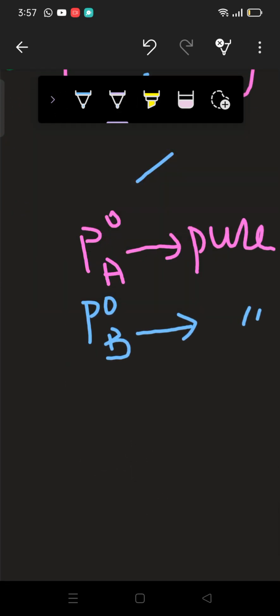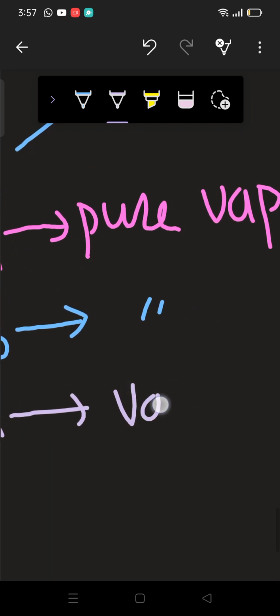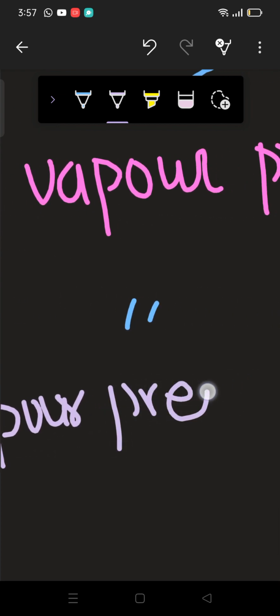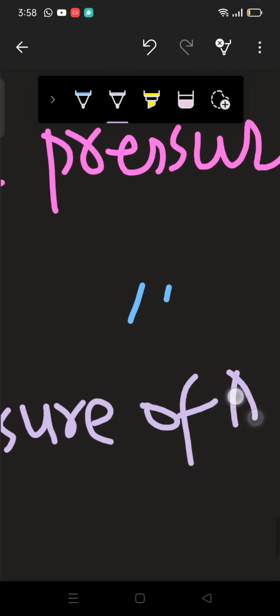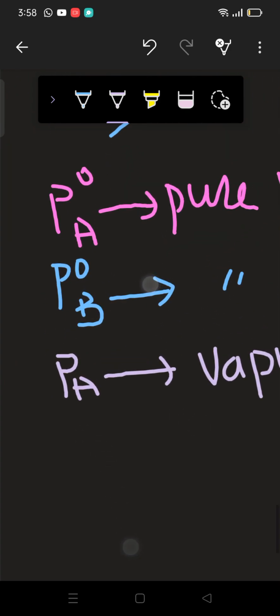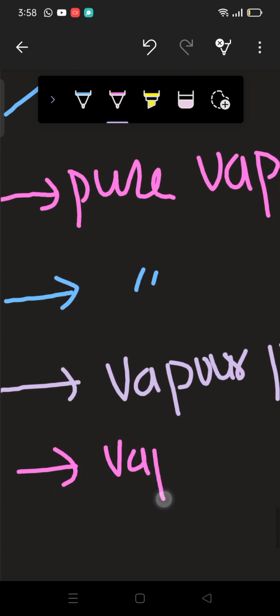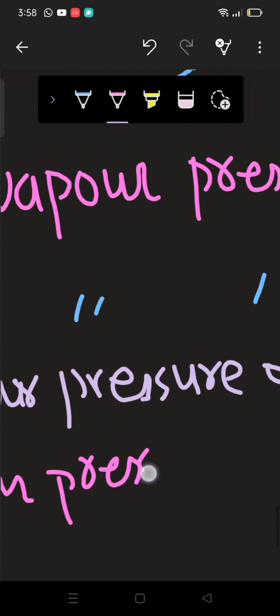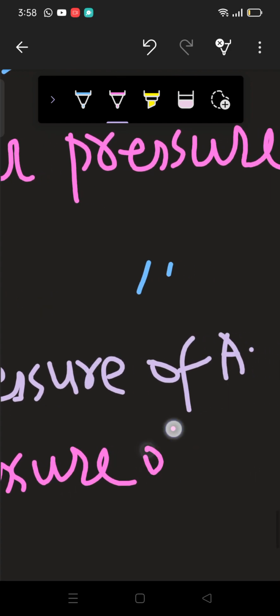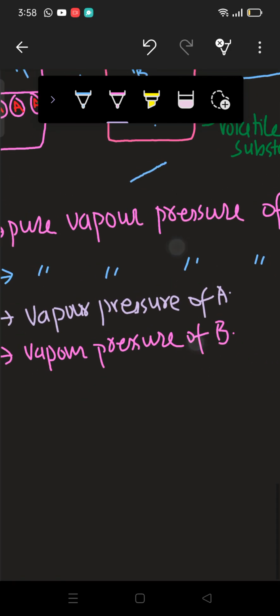PA only represents the vapor pressure of A. Not pure, but only the vapor pressure of A. Then we have PB, which represents the vapor pressure of B, right?